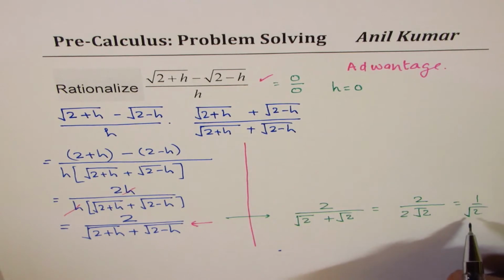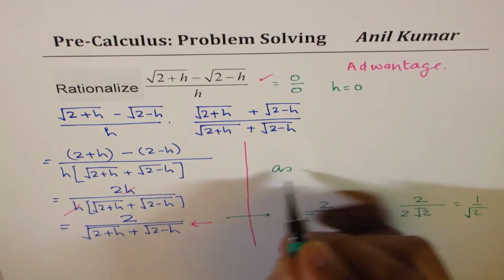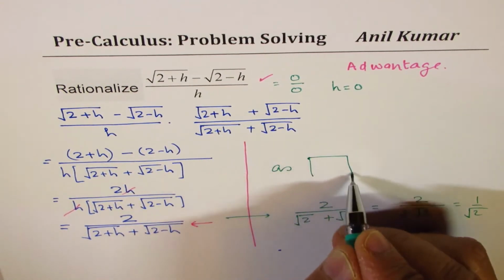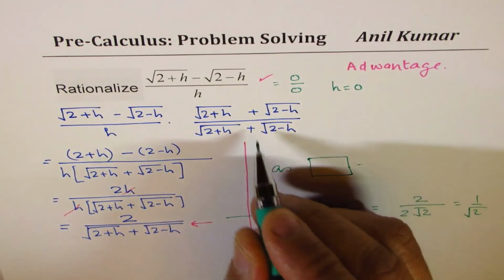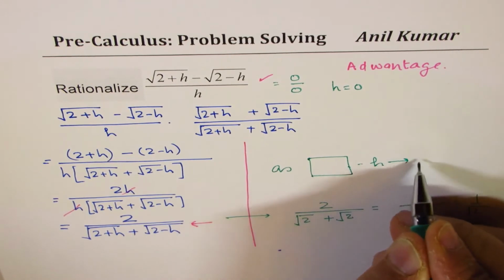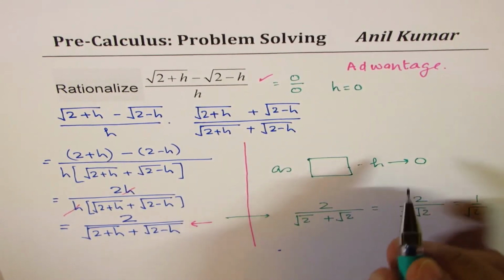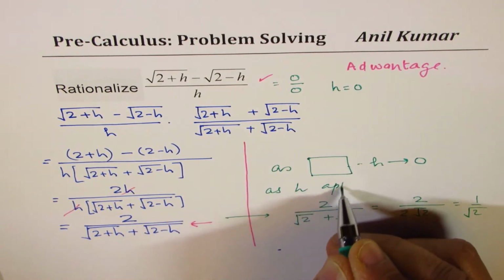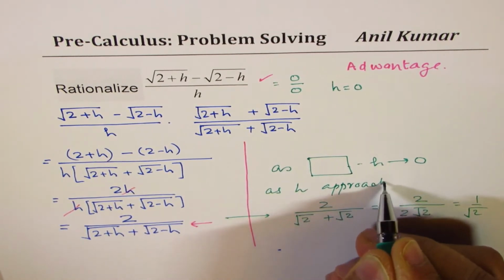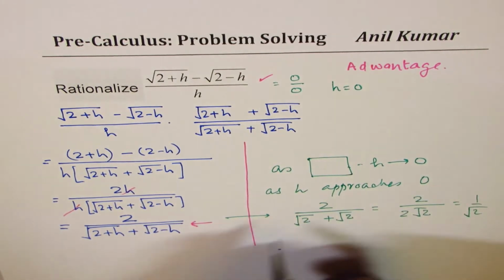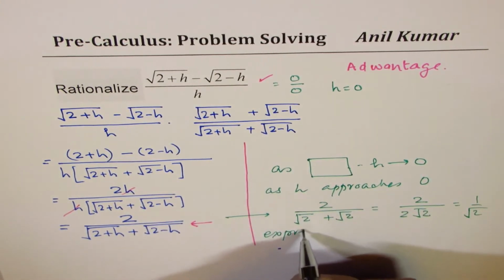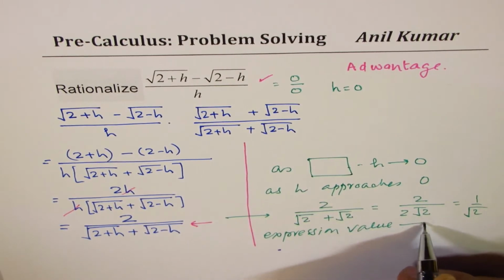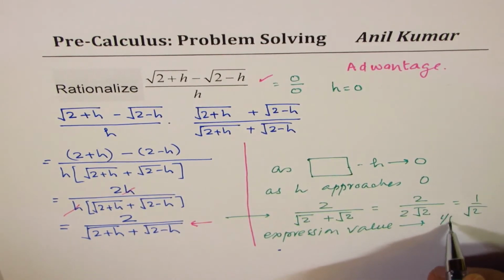So that really shows that as h approaches 0, the expression value approaches 1 over square root 2.